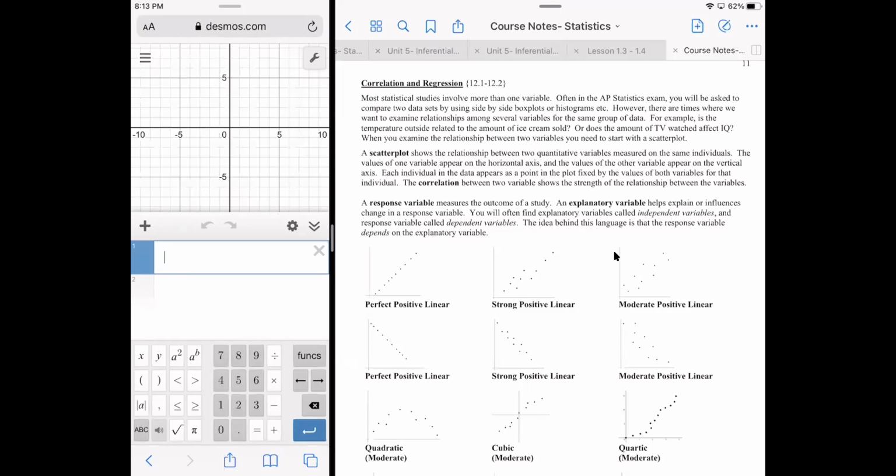And now we've got to start thinking about what we call a causal relationship. Will one cause the other to happen, or is it just that they go hand in hand? For example, let's say you have students who are in an honors level math class in high school, and they are also taking band.